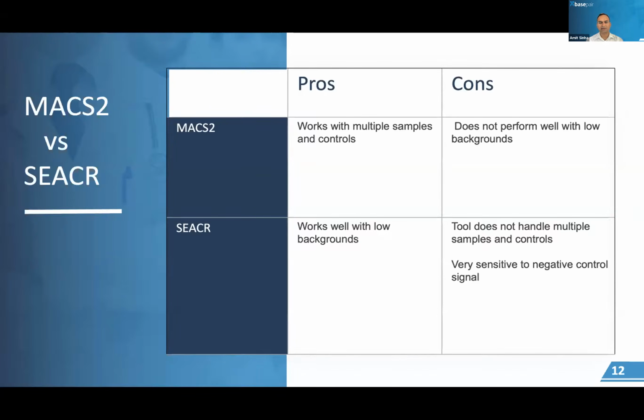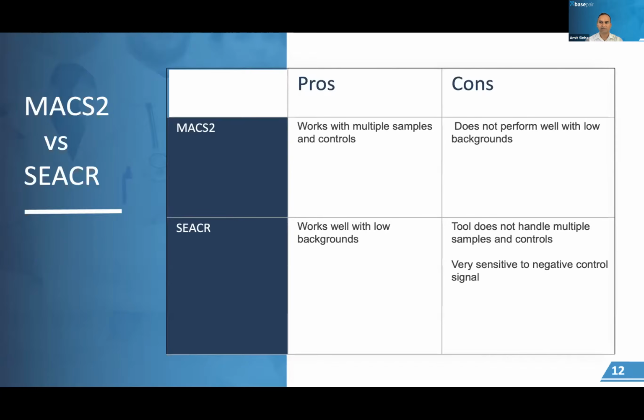Whereas with SEACR, you need to merge your samples and controls yourself and then normalize them even before SEACR can start the peak calling process. Again, on Basepair, we have done all the hard work. The SEACR pipeline on Basepair automatically does merging of the samples and controls and so on.